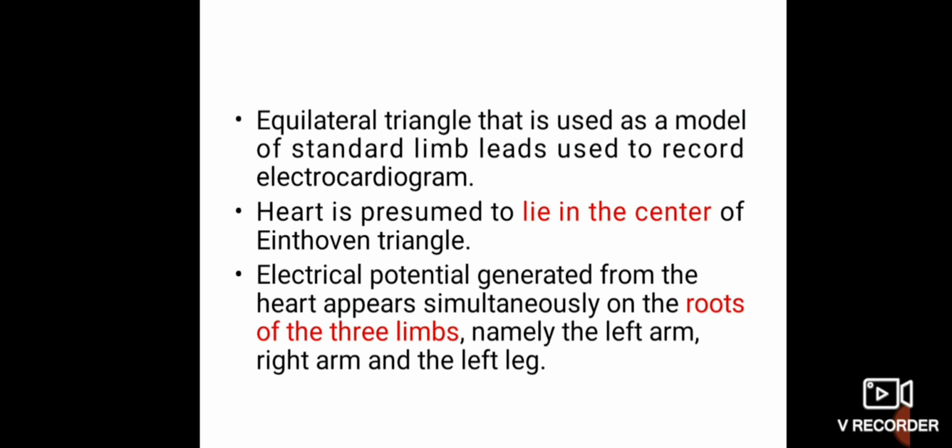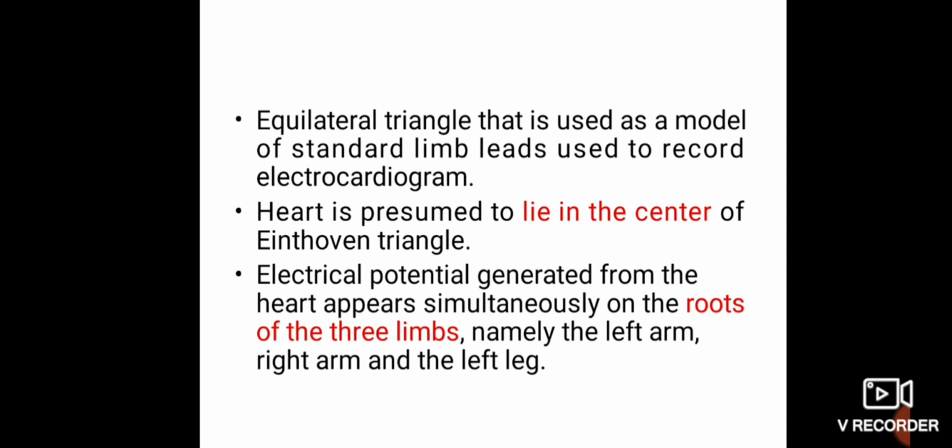The heart is presumed to lie in the center of the Einthoven triangle. So the electrical potential generated from the heart appears simultaneously on the roots of these three limbs, namely the left arm, right arm and the left leg. The correct placement of these leads leads to the correct diagnosis. Any misplacement of the leads will lead to misdiagnosis.